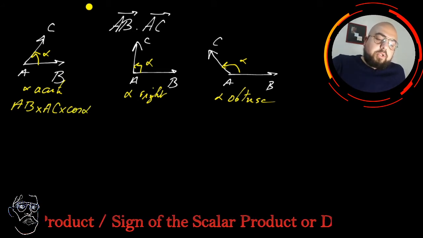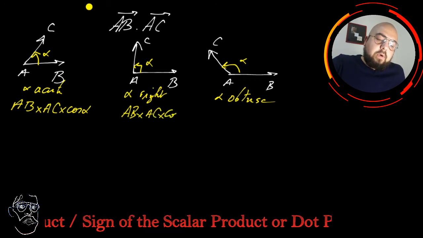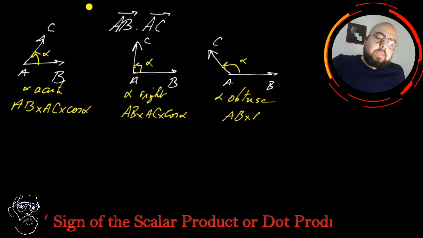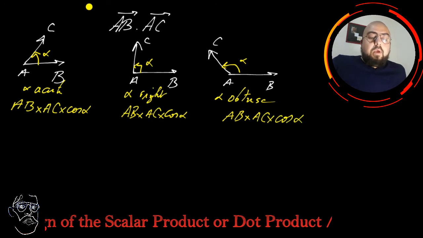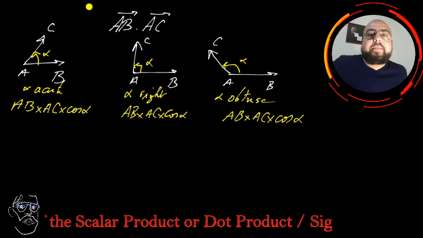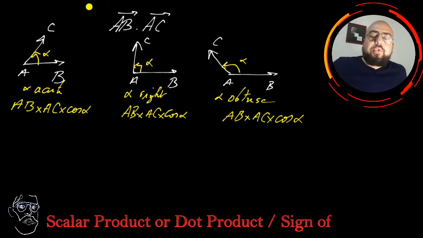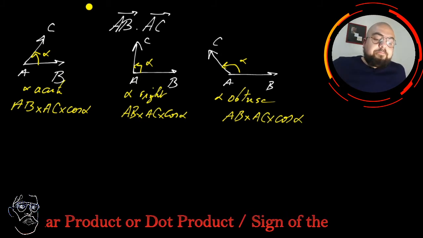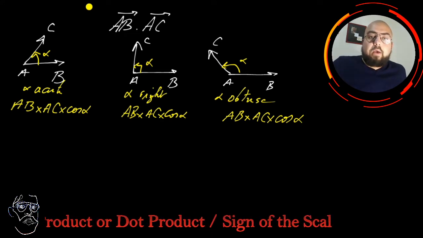The same thing goes for the second case, and for the third case also. For the first one, where alpha is acute, cosine is positive. The segments AB and AC in the three cases are positive, so the scalar product will change its sign depending on the cosine of your angle.